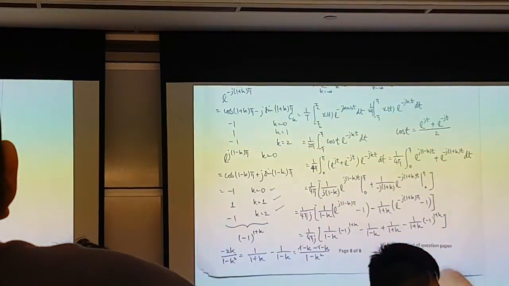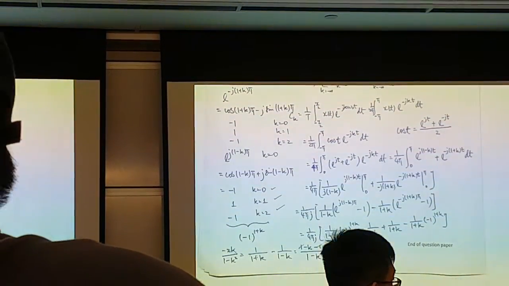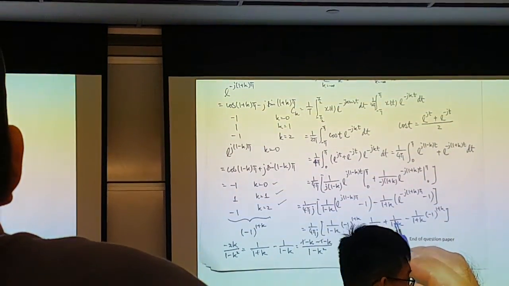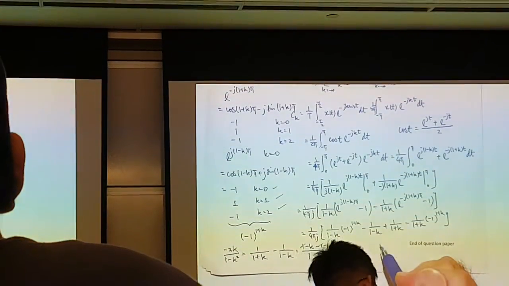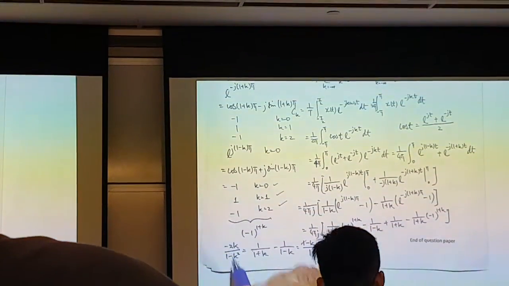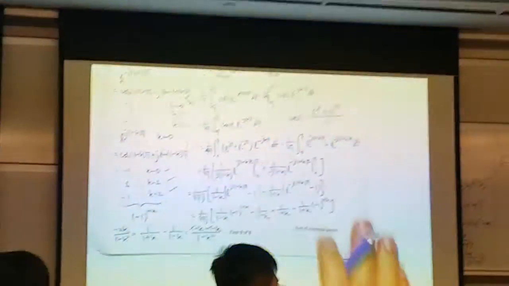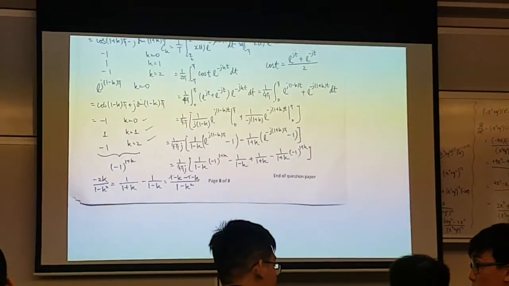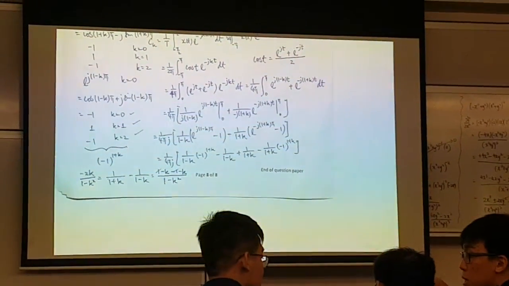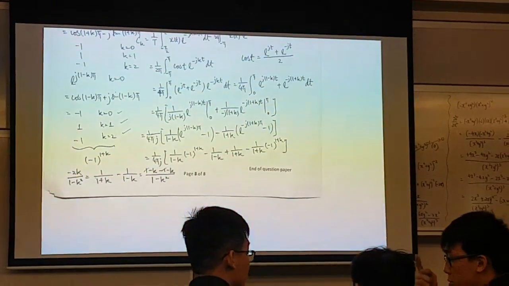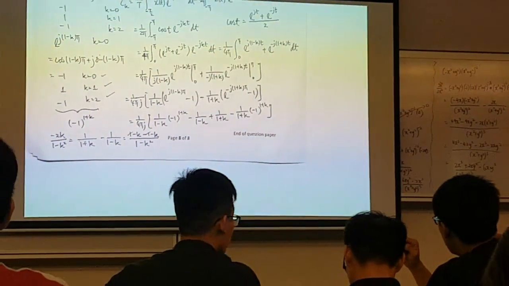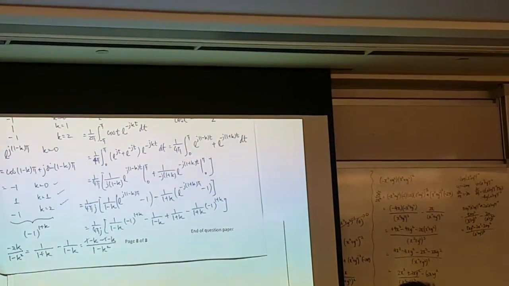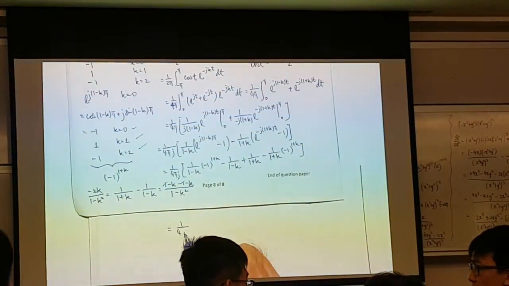Okay, so almost there. That will be something that we can clean out, because with the 2 you can cancel it out. Alright, so if we were to continue, you have 1 over 4 pi j.